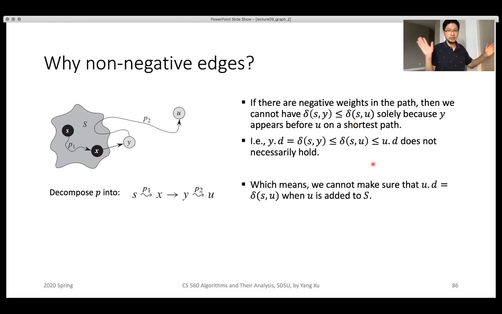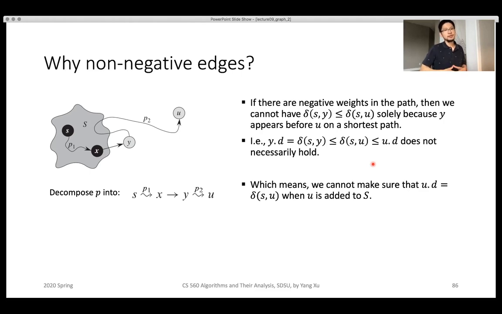Which means we cannot make sure that at the moment u is extracted and inserted to S, its d is already the globally optimal value, right? So that intuitively makes sense, right? Because there could be negative paths that are farther away from us, which makes our current local greedy choice not necessarily the best, okay?